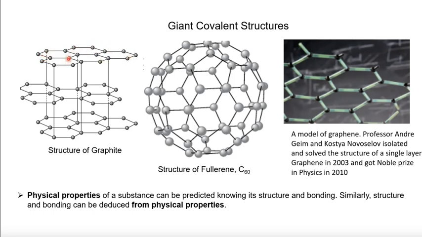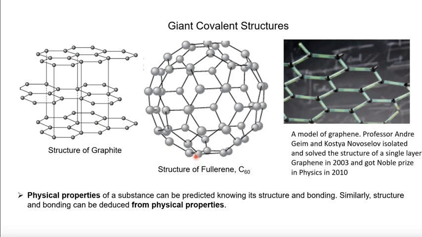And this layer and this layer are again bonded. If we call this one layer A, the other layer is B, then you see the third layer is exactly A. So it is an A, B structure. If you remember, we call it hexagonal close packing structure.